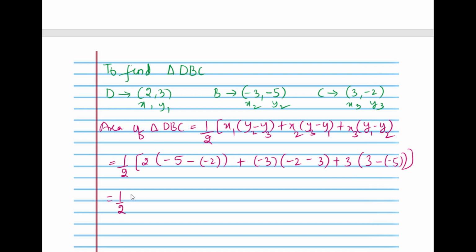Now to get half into 2 times minus into minus plus, minus 5 plus 2 is minus 3. The same way plus minus 3 into minus 2, minus 3 is minus 5 plus 3 into minus plus, 3 plus 5 is 8.